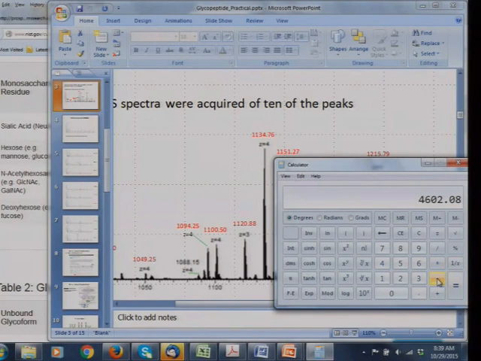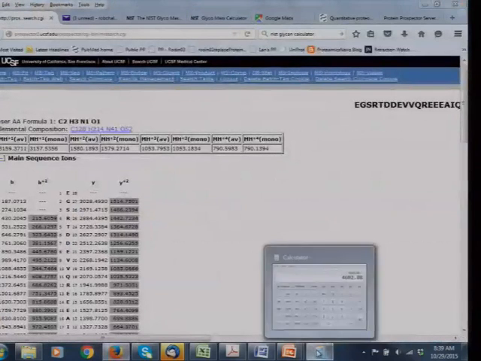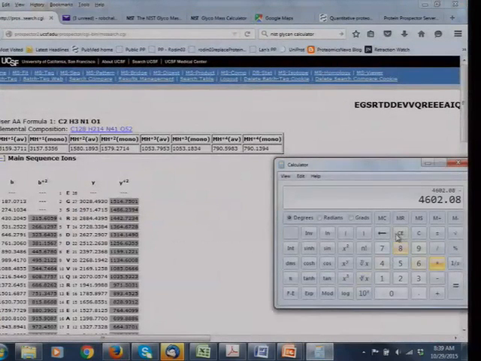So it's got a mass of 4,602. The mass of our peptide is 3, 1, 5, 7. Well, my mass is off by 1. 1445, the sugar bit should be.